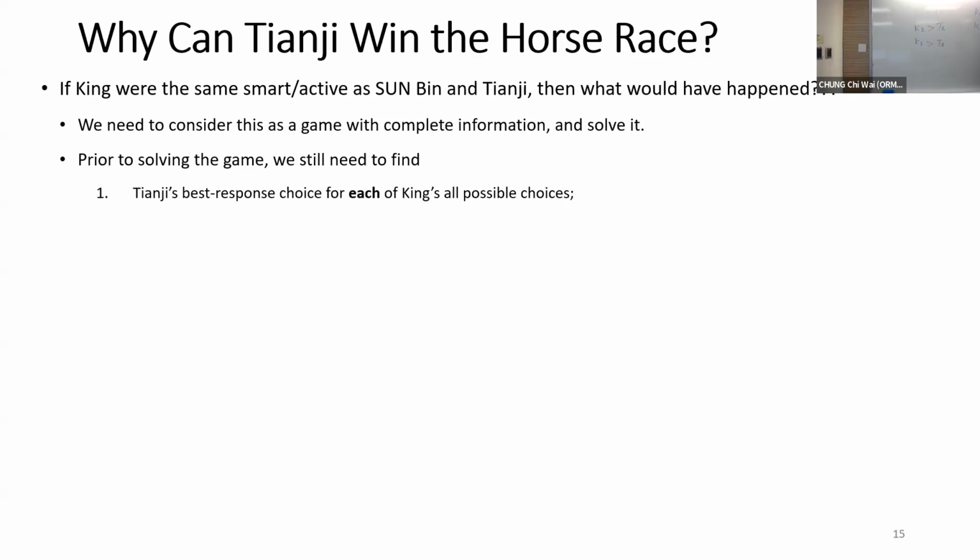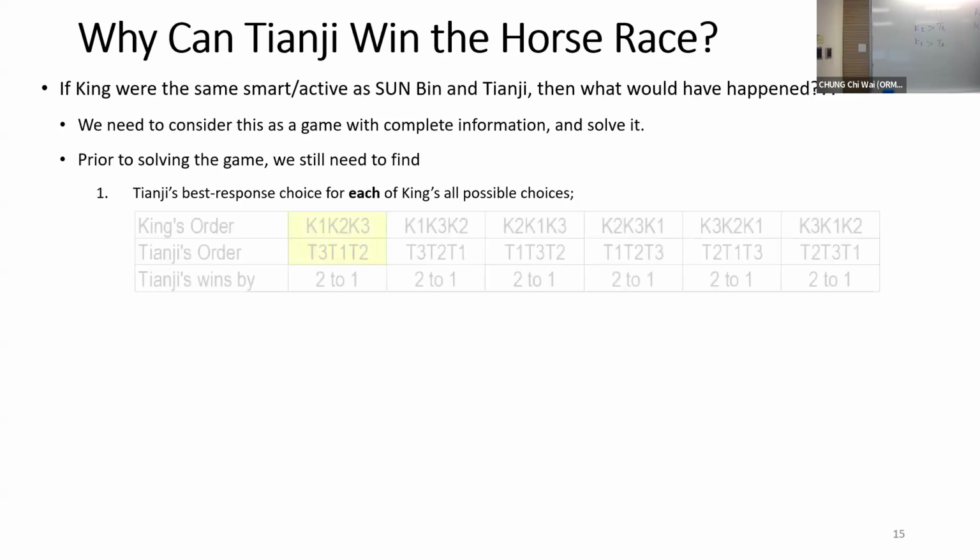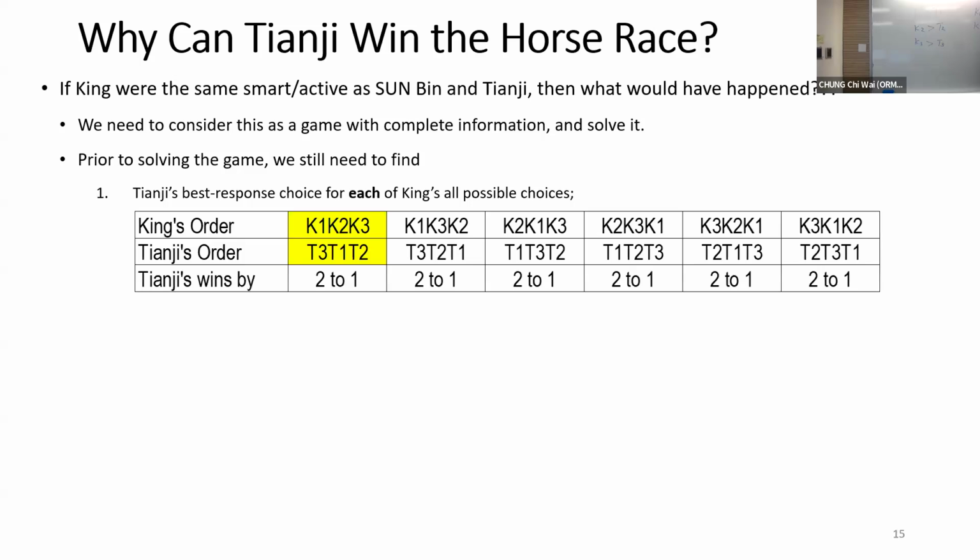So how to solve the game is to find Tianji's best response choice for each of the king's points. So if the king uses the sequence K1, K2, K3, the best one for Tianji in order to win the game is K3, K1. Then Tianji, you win the game.